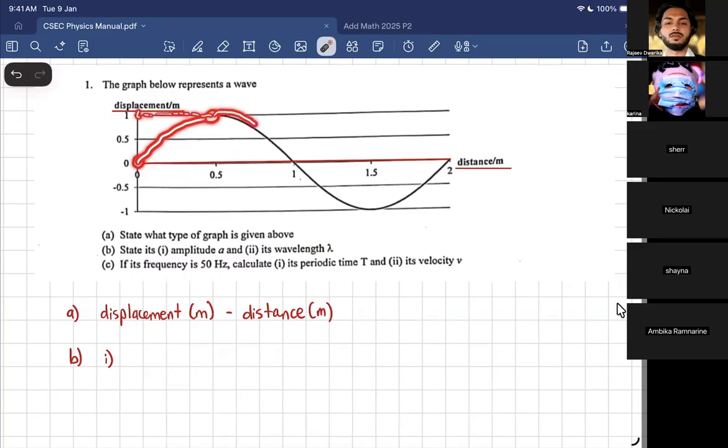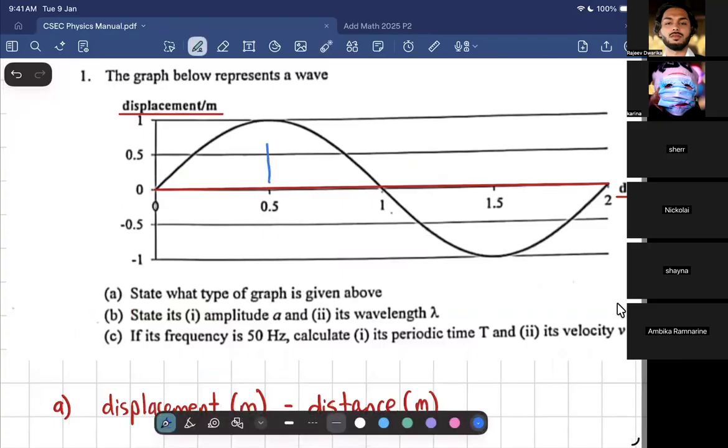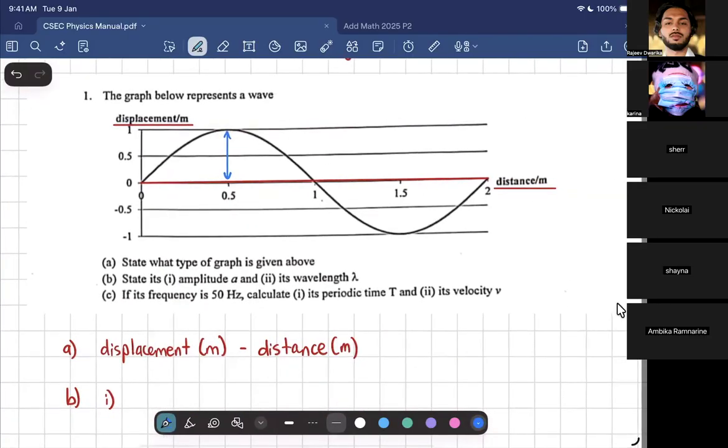Then it decreases and reaches back to 0. Then it reaches its maximum over here, which is what? -1. Then it goes back to its rest position. So the maximum displacement is just 1. So the amplitude is literally just the maximum displacement with respect to the equilibrium position, which is the distance axis here. Let me know if you understand that.